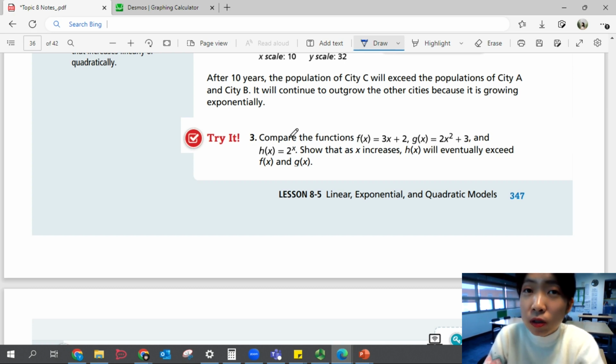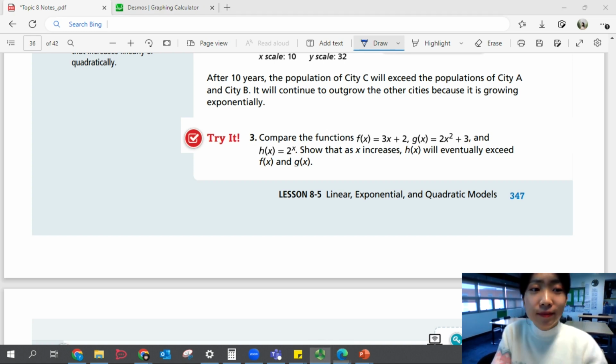So exponential equation outgrows other equations at some point. So see if you can try showing it by yourself, and come back when you're ready for answers. Okay, are you ready?